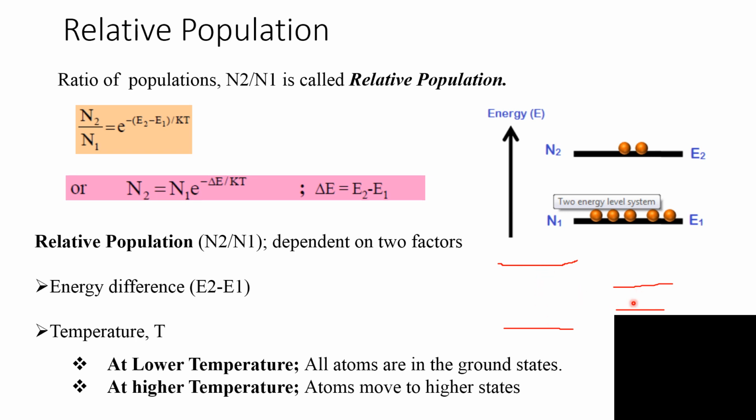But here the difference is low, so they can easily jump using a small amount of energy, and the population can increase. So when the difference is high, the population will be low. And next is temperature.